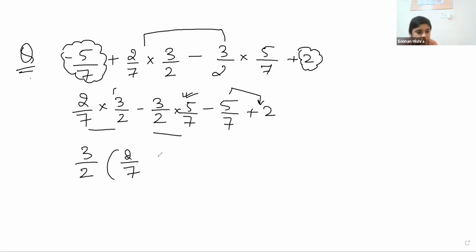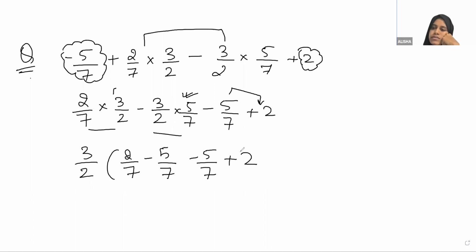No, it's minus. Next, then 5 by 7. Should I close the bracket or not? No. If I will not close the bracket, what should I write over here? Minus 5 by 7. Next, plus 2. Now should I close my bracket?